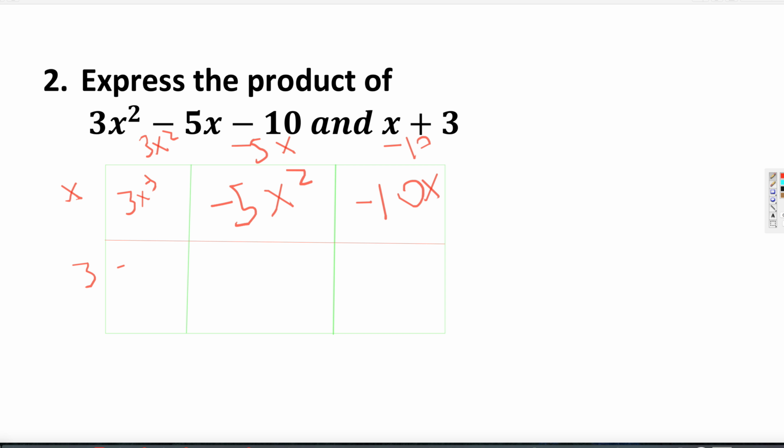And then here you would get 9x squared. My handwriting is disgusting, so hopefully you'll be able to still follow me, minus 30. And then you do something called combining like terms. So the 3x cubed is the only of its kind. So that's going to stay on its own, 3x cubed.